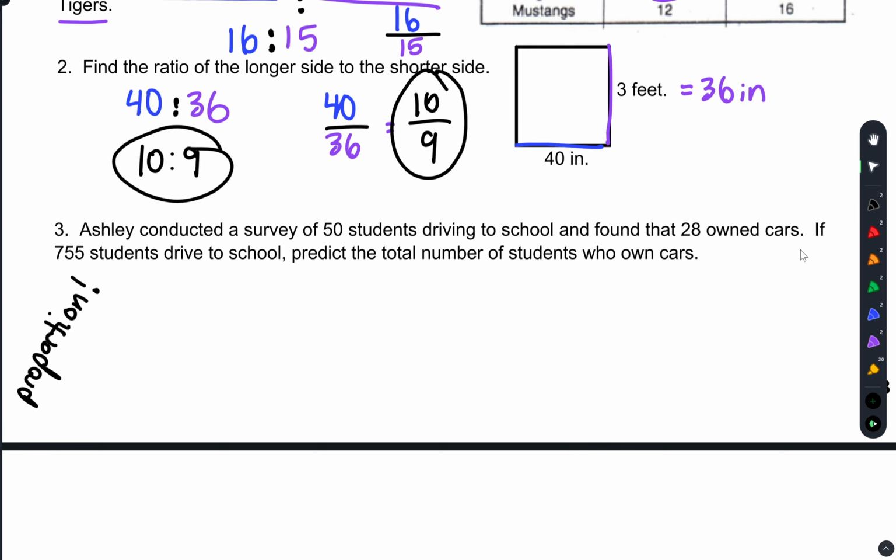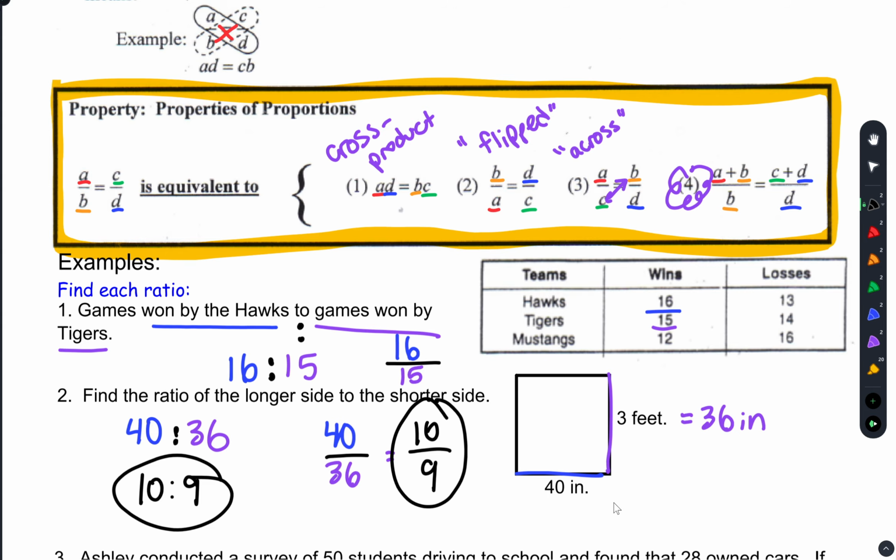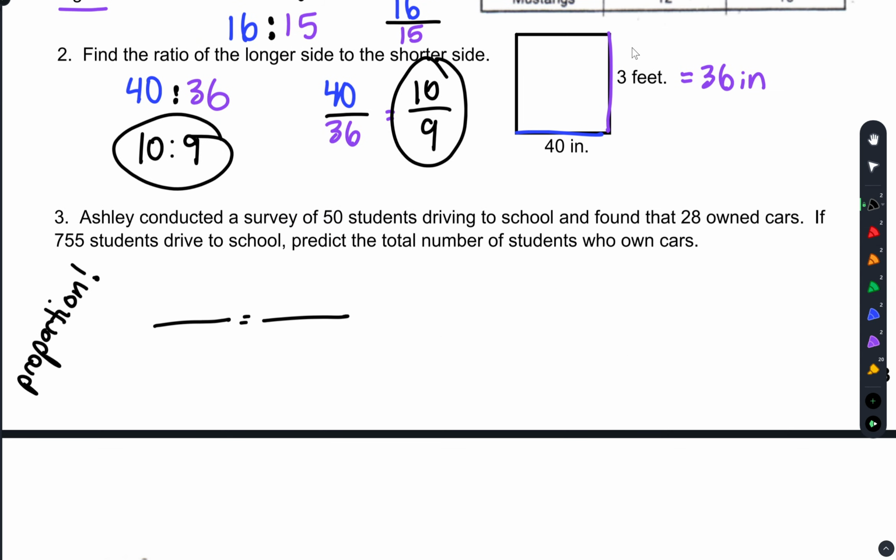So, when we set up a proportion, remember a proportion is when we set a ratio equal to another ratio. So we will have a fraction equal to another fraction. The important thing about proportions, again, is that yours might not look exactly like the person next to you because we have all of these equivalent proportions. However, as long as you are lining up the correct things, you should be okay.